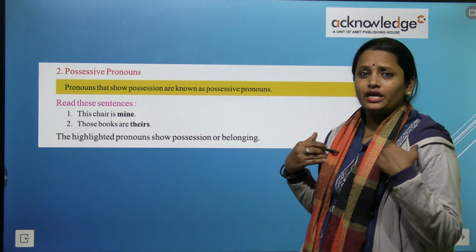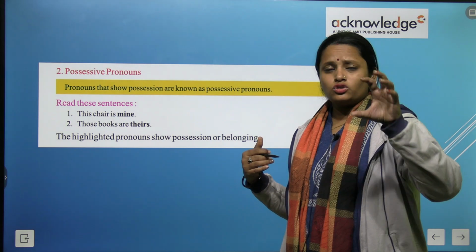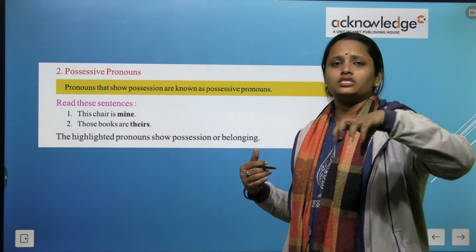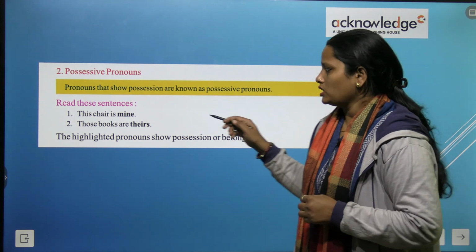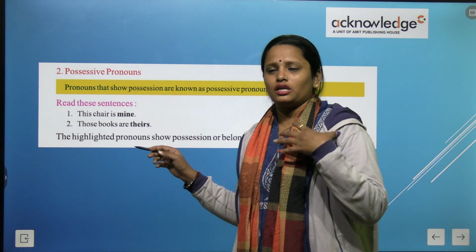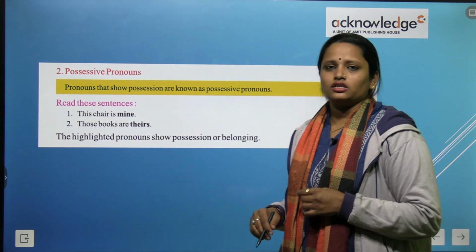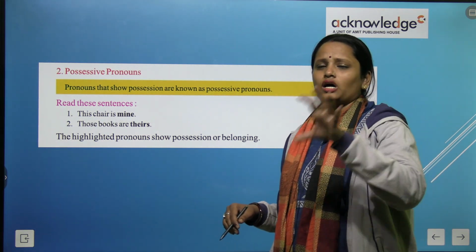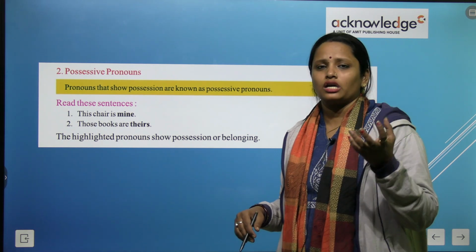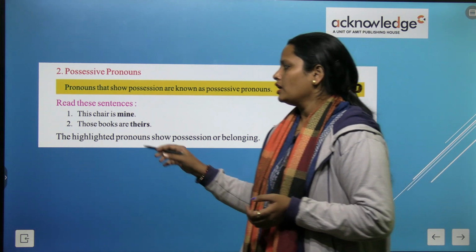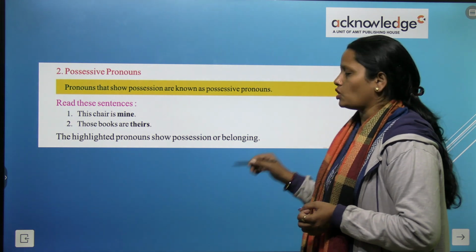Chair किसकी? मेरी है. तो वो जो thing जिसकी हम बात कर रहे हैं वो किसके समान है उसके बारे में हमें बताना है. So यहाँ पे इसलिए हमने mine यूज किया कि मेरा है. Those books are theirs. उनका है. So मेरा, तुम्हारा, इनका, उनका. These all are possessive pronouns जो किसी के belonging के बारे में बताते हैं. The highlighted words show possession or belonging.